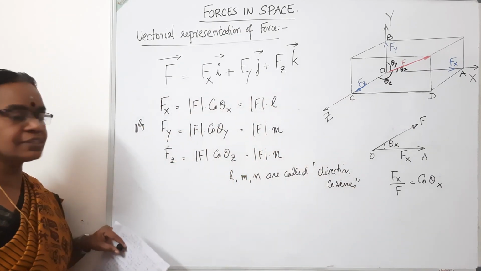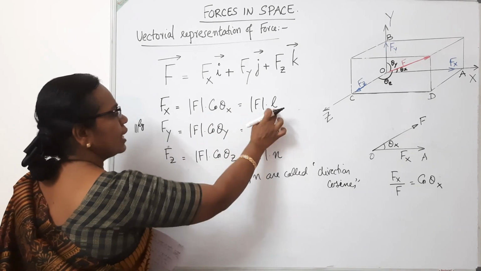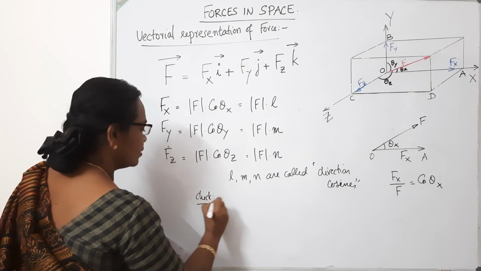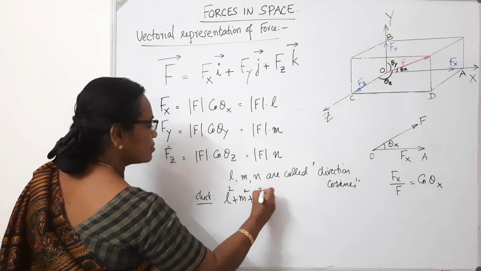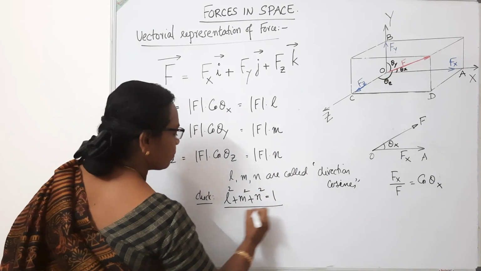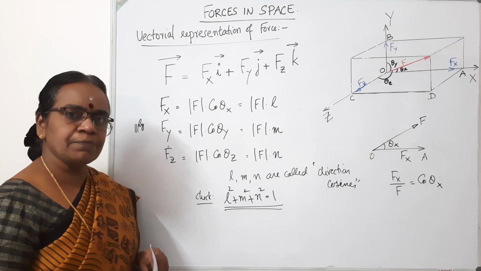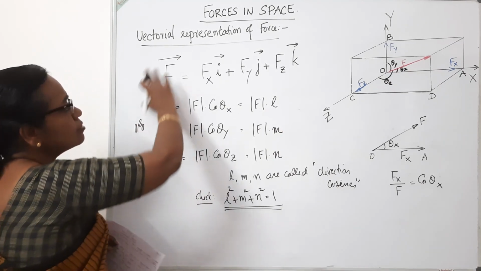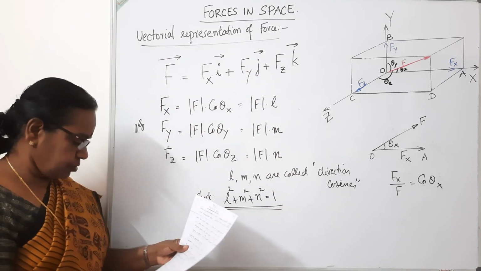Cos theta x, cos theta y, and cos theta z are L, M, N, the direction cosines, and you can check that always L square plus M square plus N square will be equal to 1. That is, cos square theta x plus cos square theta y plus cos square theta z should be equal to 1. So this is the general vectorial representation of a force.